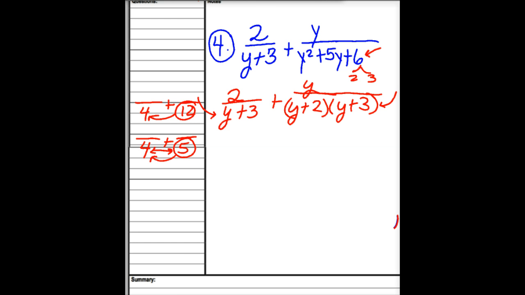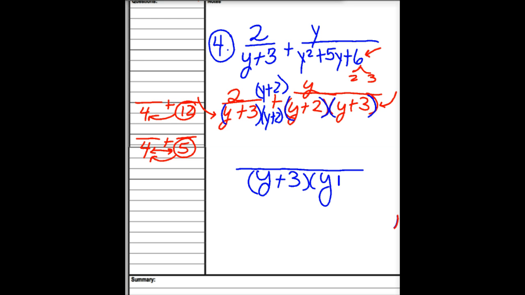So really all I need to do to get my LCD is, do you have a y plus 3? Yes, I do. Do you have a y plus 2? No, I don't. So you introduce it on the bottom and on the top, just like you would if they were numbers. All right, so I now have my LCD of y plus 3 times y plus 2.